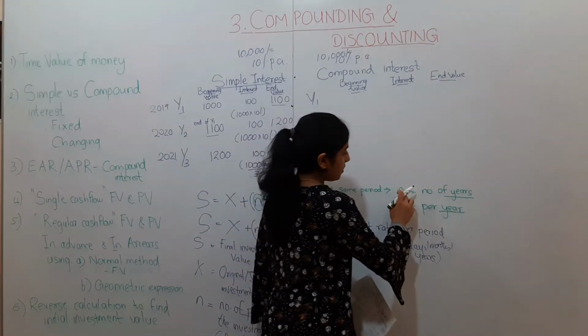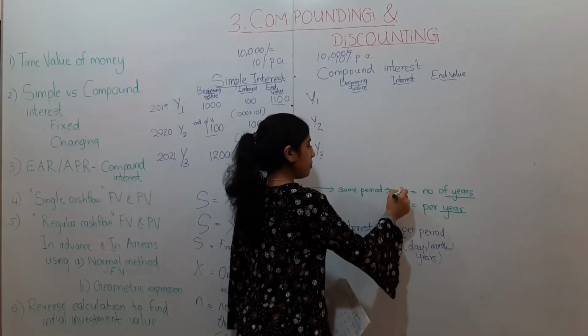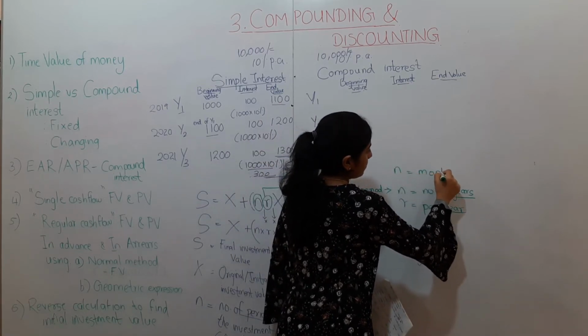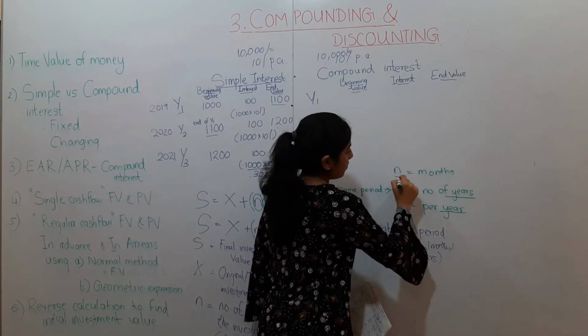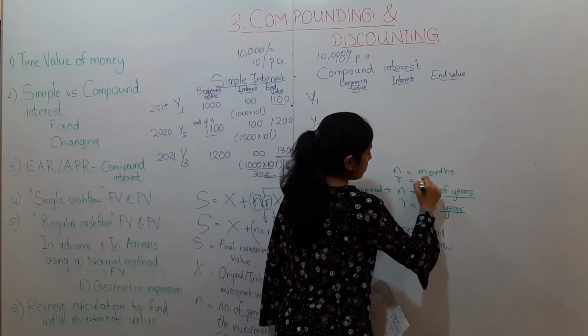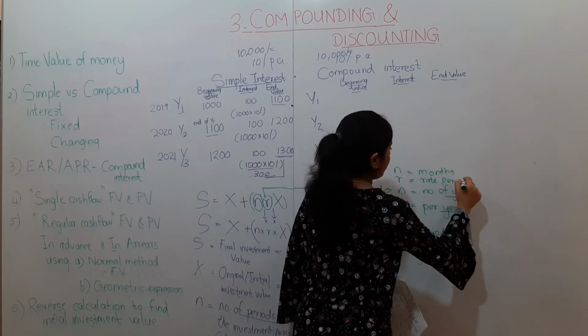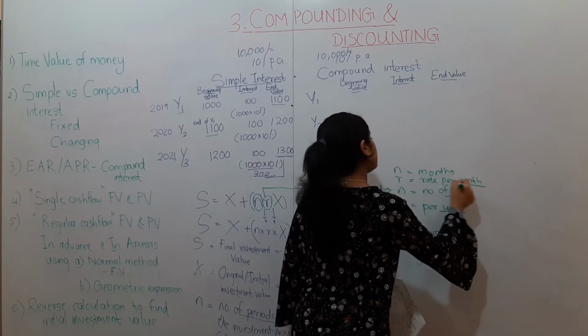But if the number of periods is given in months, then R must also be the rate per month. It's never per year.